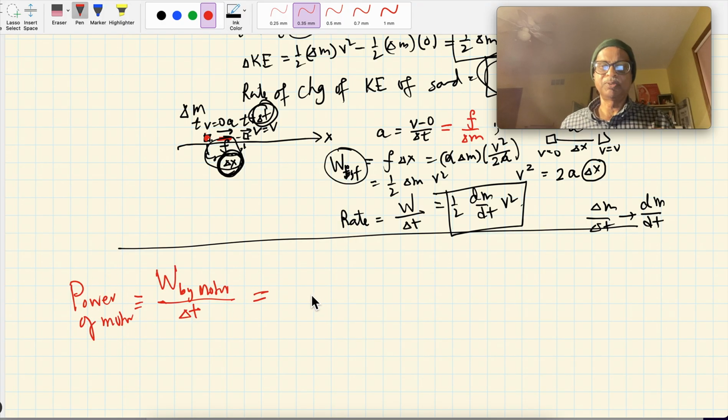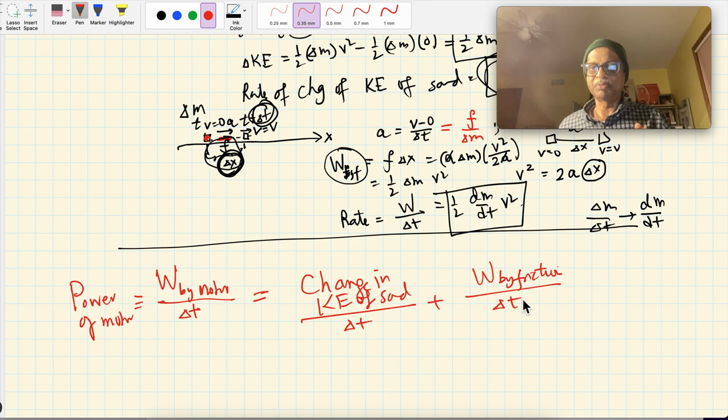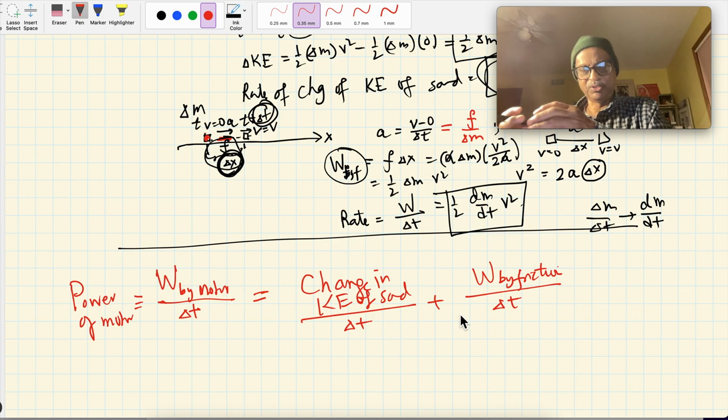This is equal to the change in kinetic energy of sand in that amount of time plus work by friction in the same amount of time delta t. So the motor is actually doing some dissipative work, and to bring the sand particle from 0 to v, some amount of work has to be done.